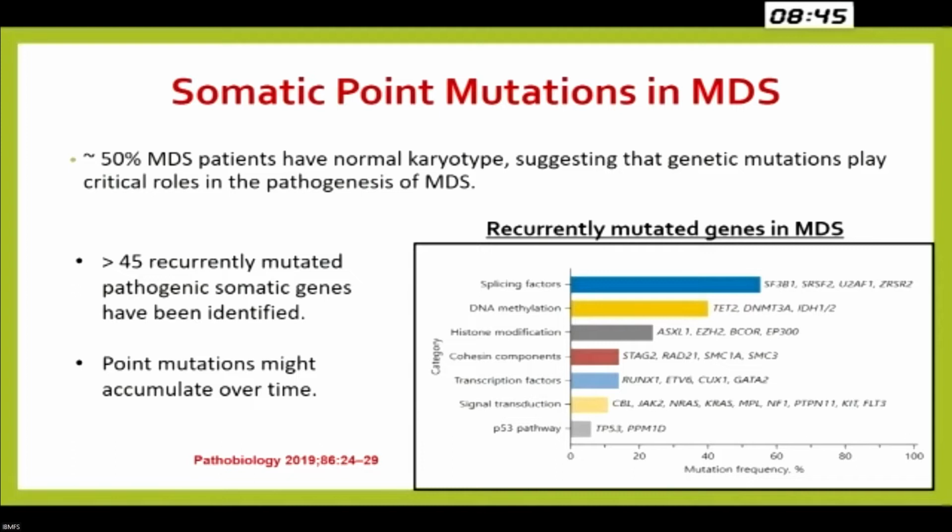And when you look at the molecular genetics, almost 90% of the patients of myelodysplasia will have some sort of genetic abnormality, which you need to look at by various modalities of techniques available in your laboratory. So more than 45 to 50 recurrently mutated pathogenic somatic mutations have been detected and identified, and more are being added gradually as more and more patients are being looked at in the discovery mode.